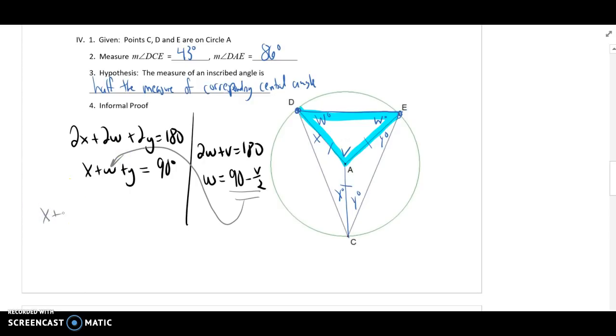Now it's X plus 90 minus V over 2 plus Y is equal to 90. Subtract 90 from both sides, add V over 2 to both sides. X plus Y equals V over 2. In other words, X plus Y, this angle down here, is equal to V divided by 2. Half of V is equal to that, or double this angle to make it equal to that.